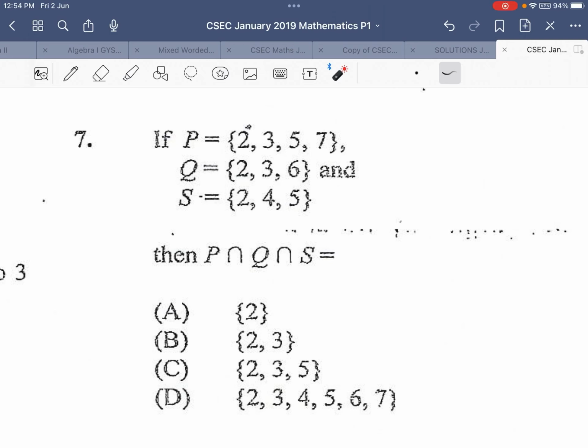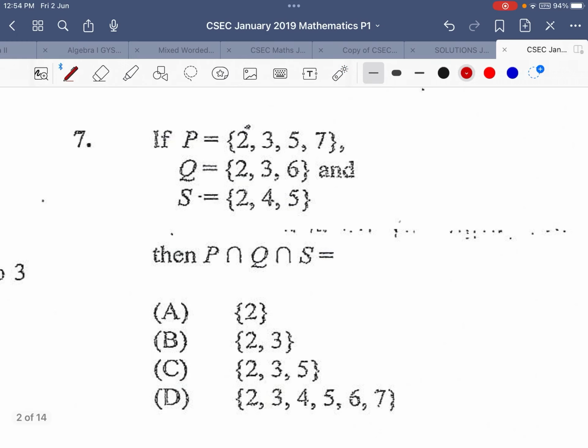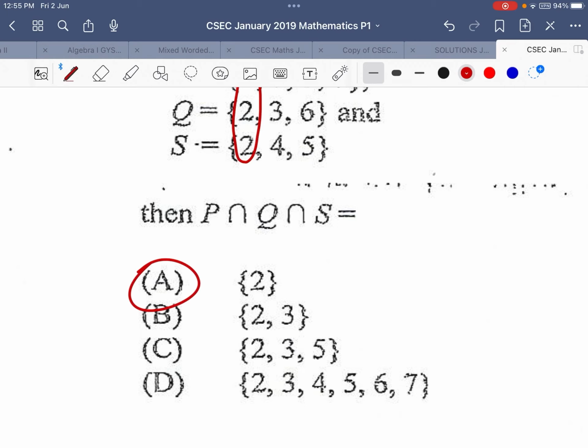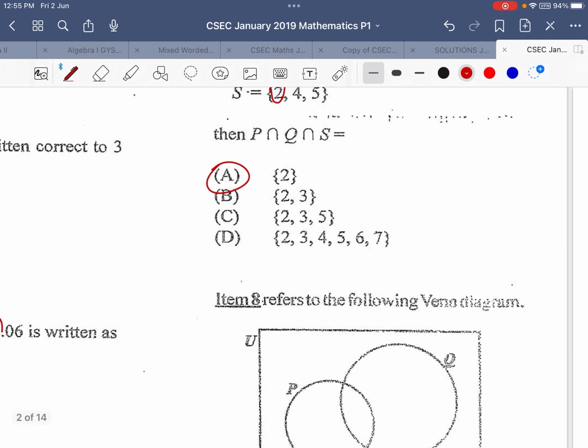So the elements that appear in both sets, or in this case, all 3 sets. So what is common to P, Q, and S would be 2. 3 is here, but not in here. 5 is in these 2 sets. 4, 6, and 7 appear in only 1 set each. So the only common element we have is this set containing 2.